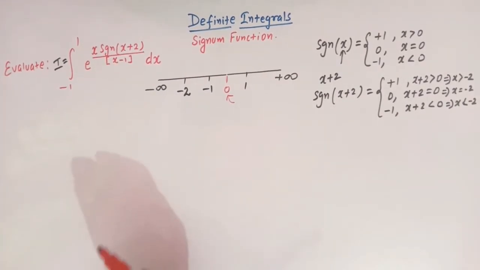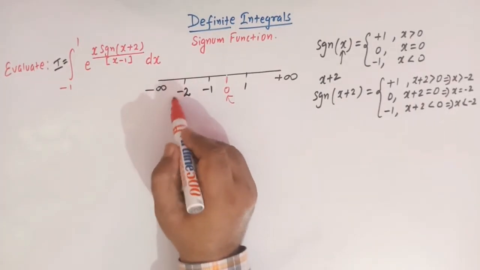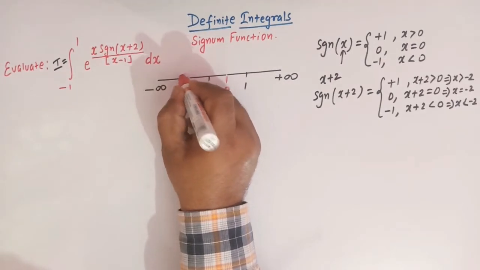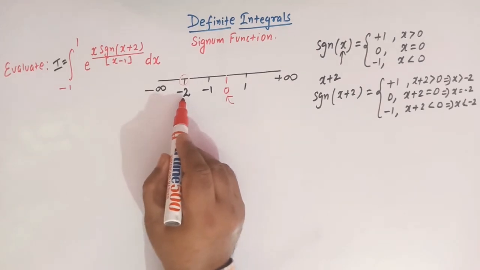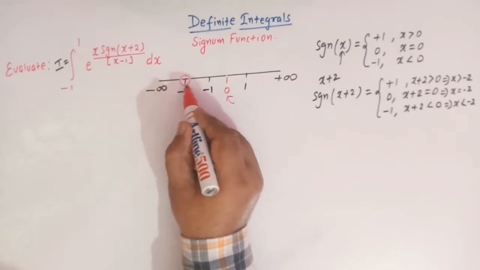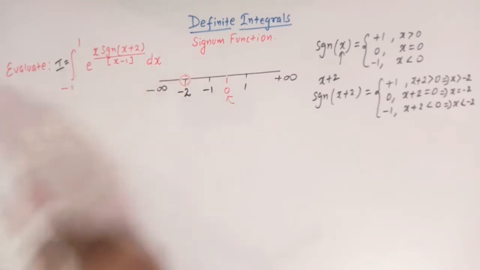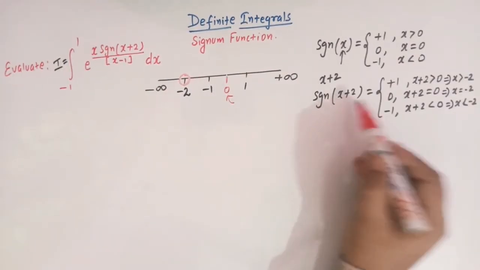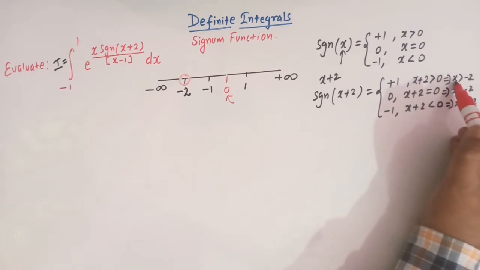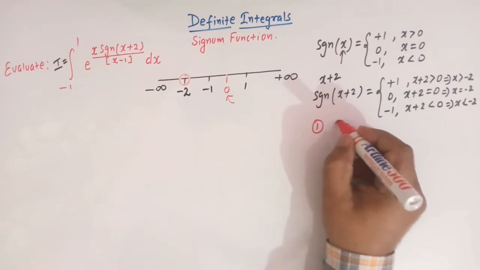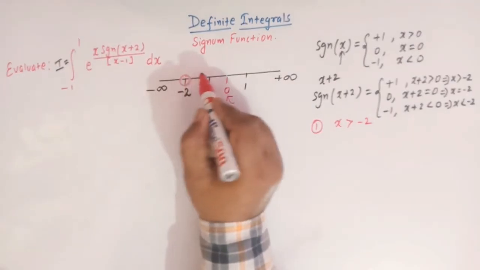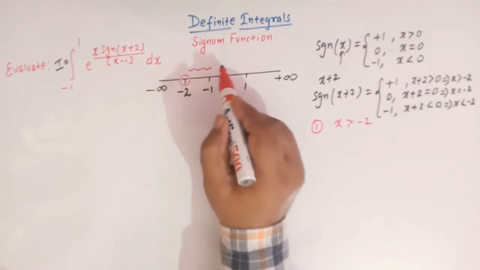Now we have this number -2, so let us encircle this -2, right? From this definition we see that we have two inequalities. The first one is x greater than -2, which is this interval, right?